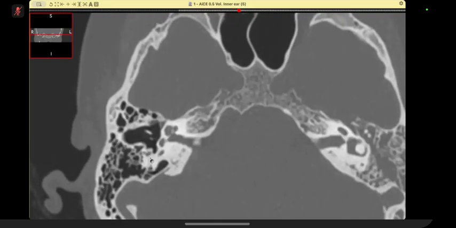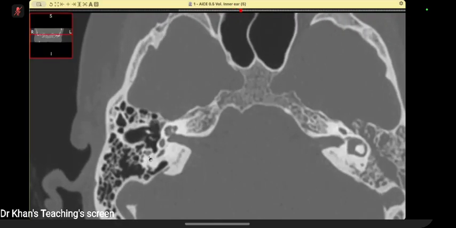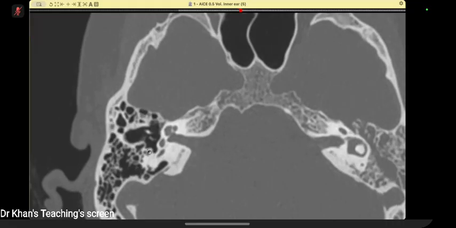I come back. Here there is a structure which is the pyramid. We call it the pyramidal eminence. The air here is known as the sinus tympani, and the air here is known as the facial nerve recess. Pars tensa cholesteatoma will sit here actually.